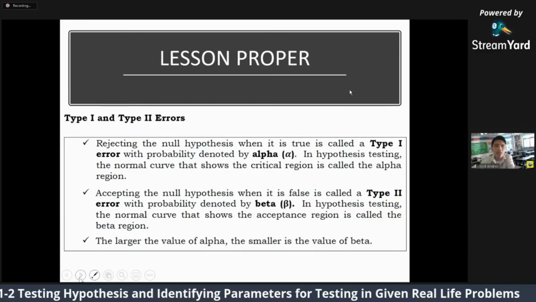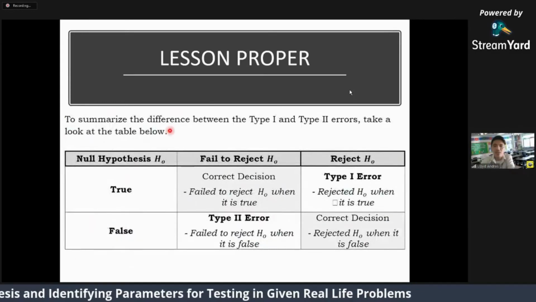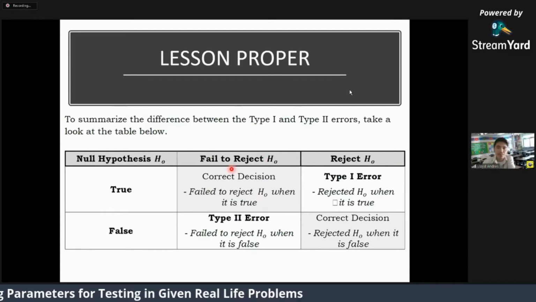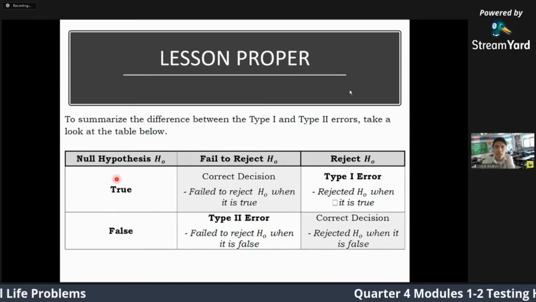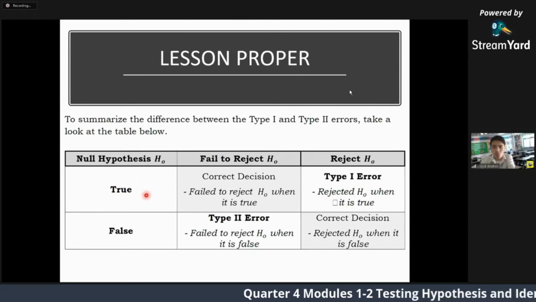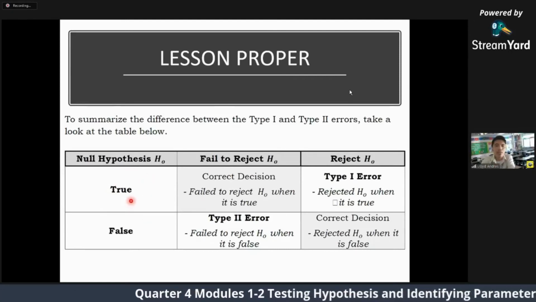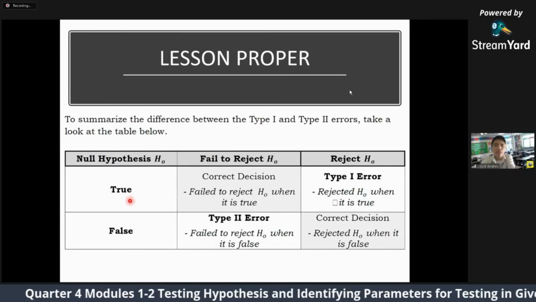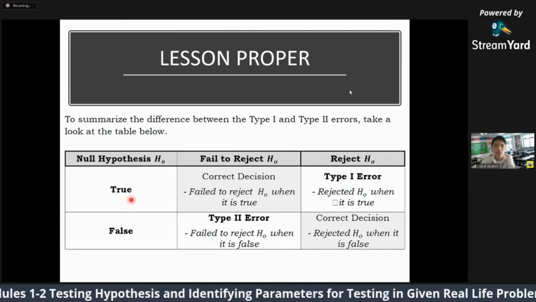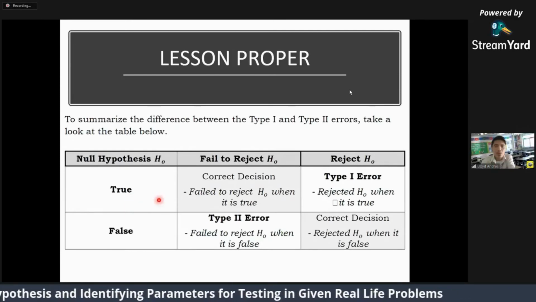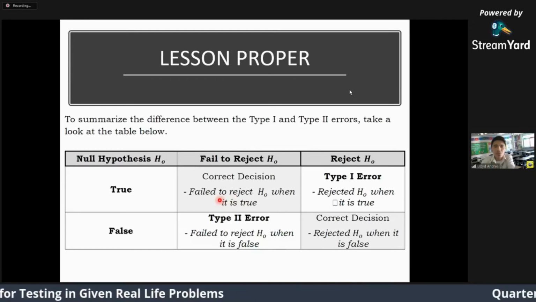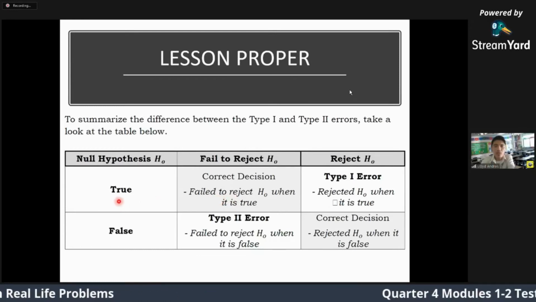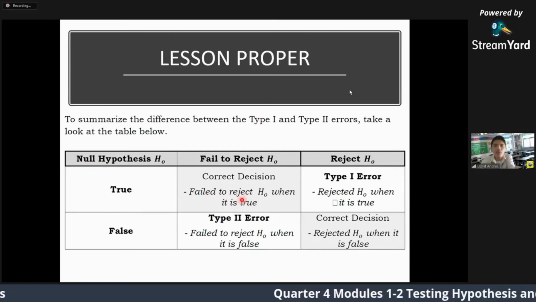So para masabta na siya, let's summarize this one. Okay. Null hypothesis, let's say ang null hypothesis na to is true. Say for example, true siya, pero nag-experiment ra. Tapos ang nilabas sa atong experiment, do not reject. So meaning, true imong null hypothesis, tapos wala nimo gi-reject, then you have made the correct decision.